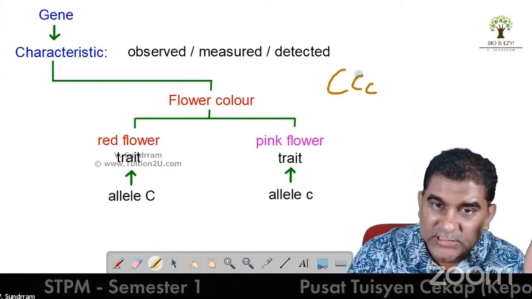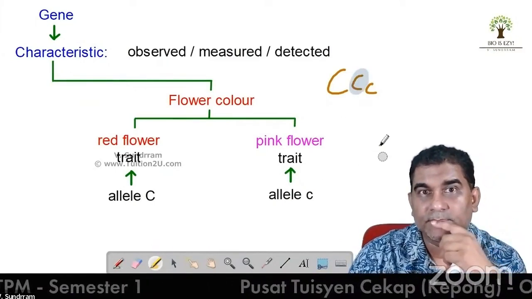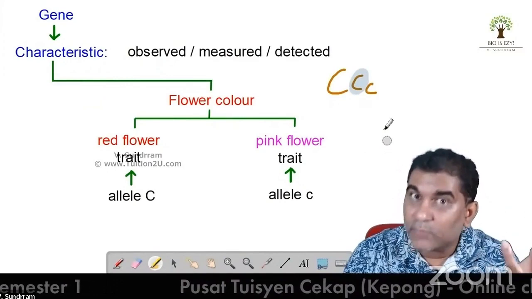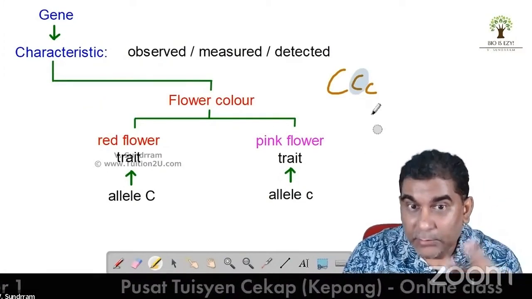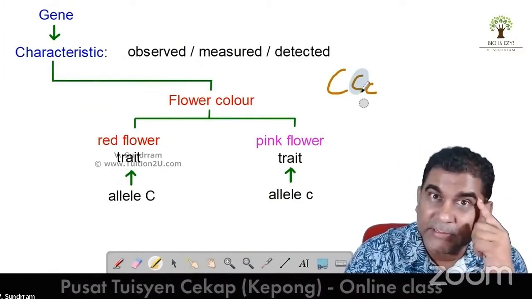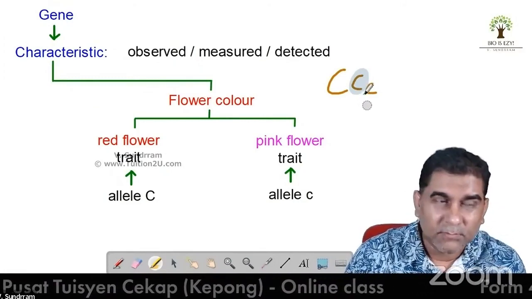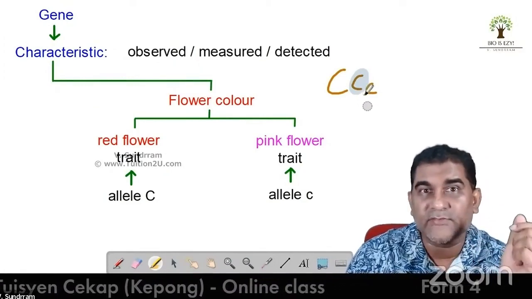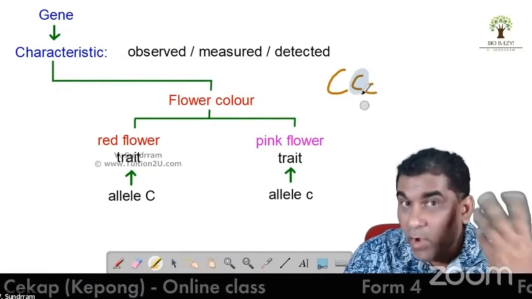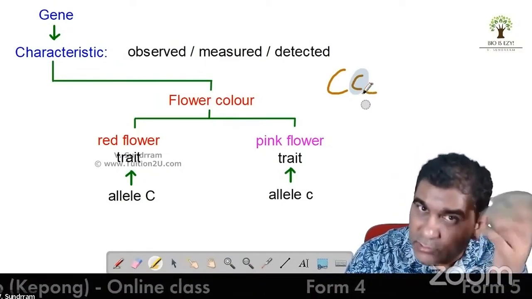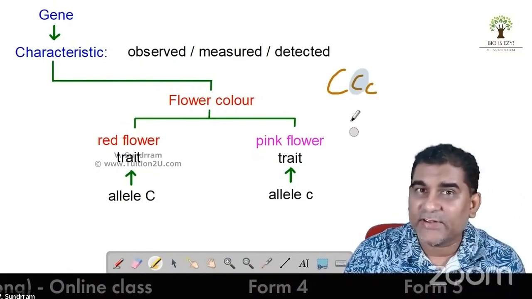Now this one, is it capital or small? It can lead to confusion. Maybe you wrote that for capital, but the examiner might think this one is very small, maybe a small alphabet.